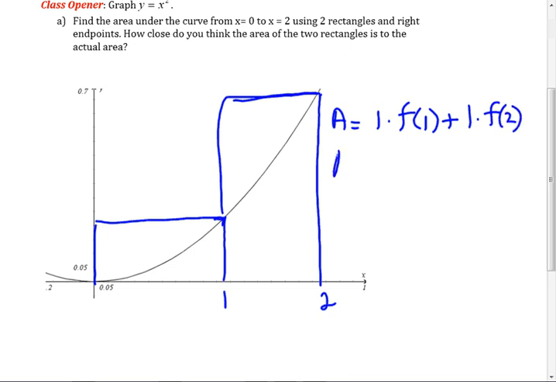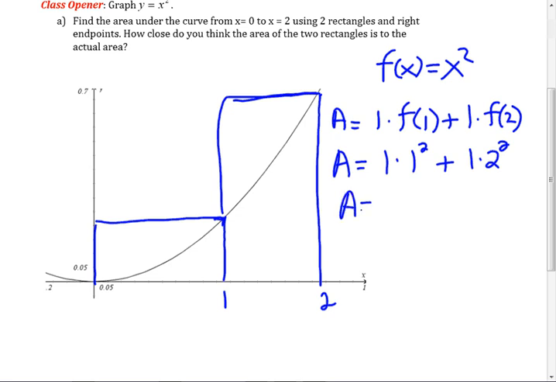Well, what's f of 1? Because f of x is x squared. So that's 1 times 1 squared plus 1 times 2 squared. And we know it's too big, right? You can see it's too big. So that's 4 plus 1, so the area is 5. Just geometry, right? No big deal.